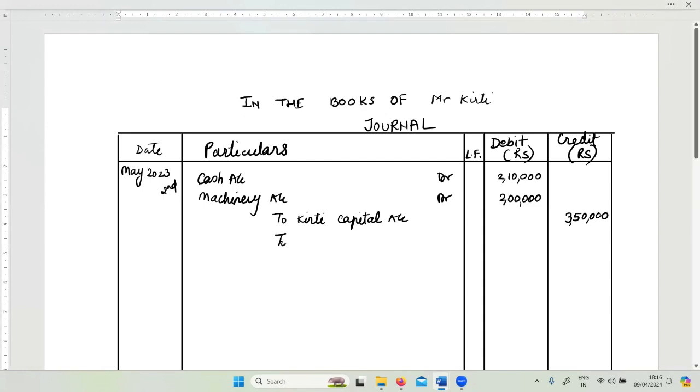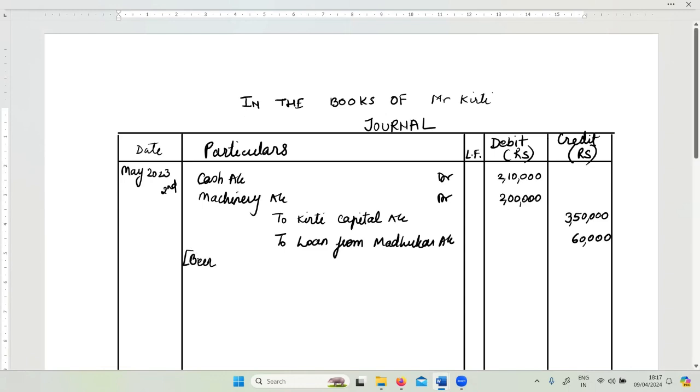Now, does this end the journal entry? No. We also have taken some loan. So loan from Madhukar account, 60,000 is taken. Right. So if you see your 4,10,000, here also we will get 4,10,000. In this way, the journal entry that you have passed is correct.